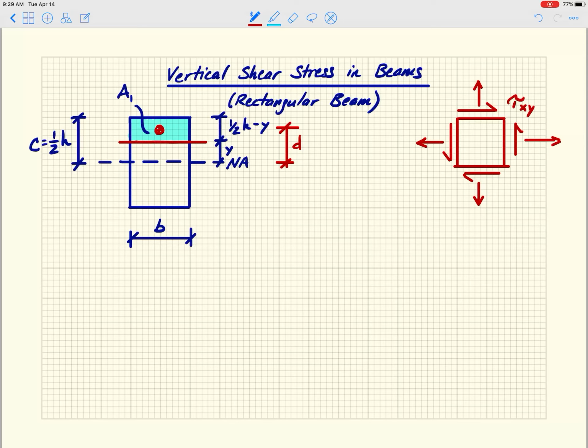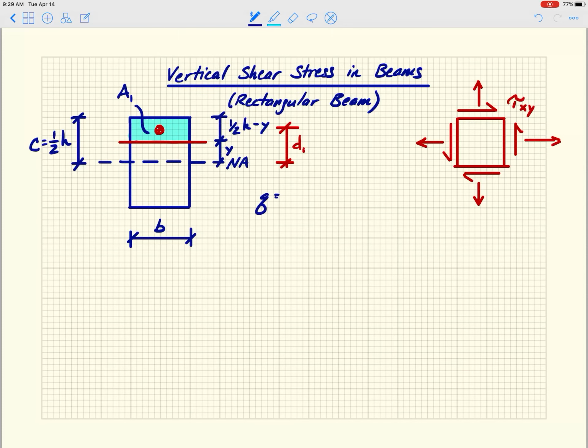So I'm making this cut right there, the area above that we'll call A1, and d1 is the distance from the neutral axis to the centroid of that area. All right, so now we can start to calculate.